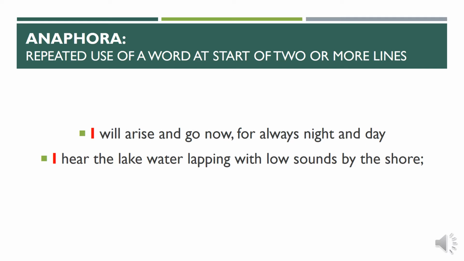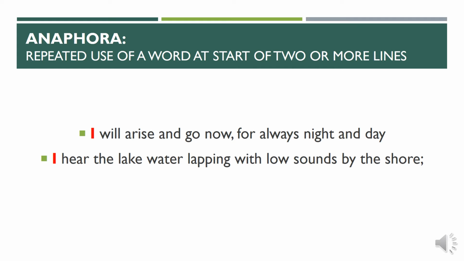Let's come now to the devices used in this poem, and the first one we are going to discuss is anaphora. Anaphora is the figure of speech where we see the repetition of the same word or the same phrase at the beginning of two or more lines in the same poem.